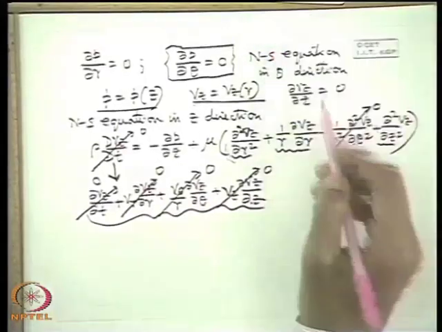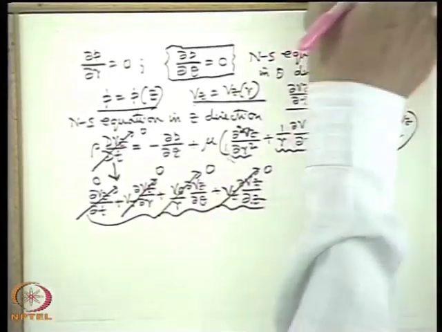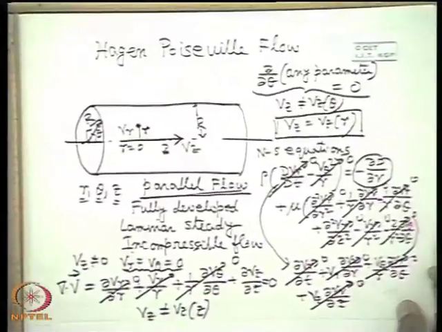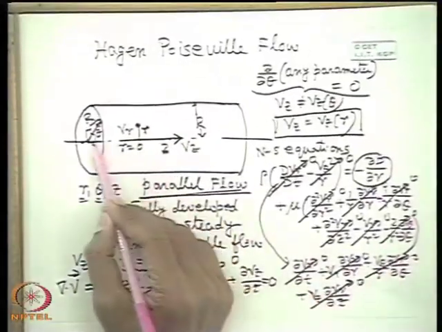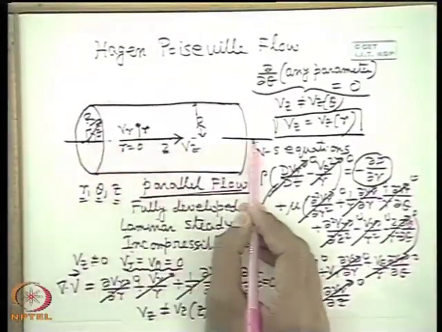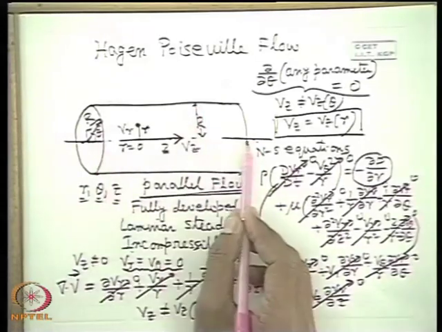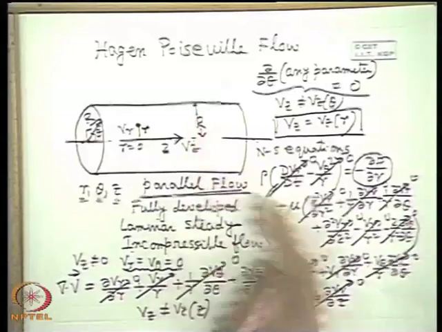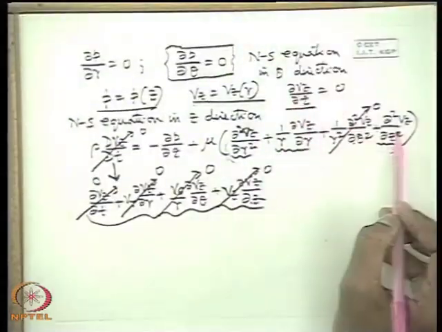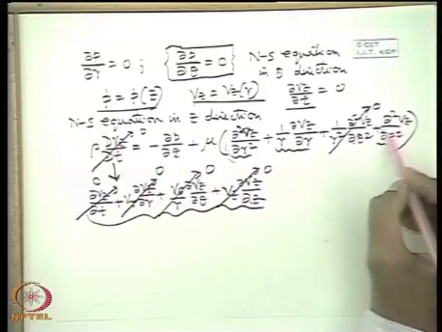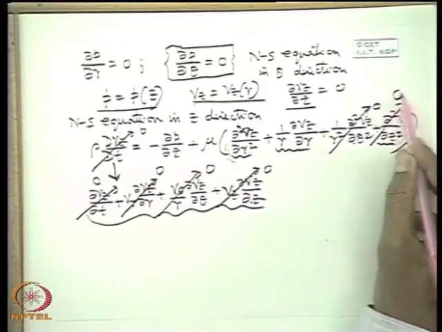We can argue in a different way that the length of the tube is much more compared to the radius, so variation in the z direction is neglected compared to that in r. Mathematically also, if del Vz del z is 0, del del z of del Vz del z is also 0. So both ways we can tell this is 0.